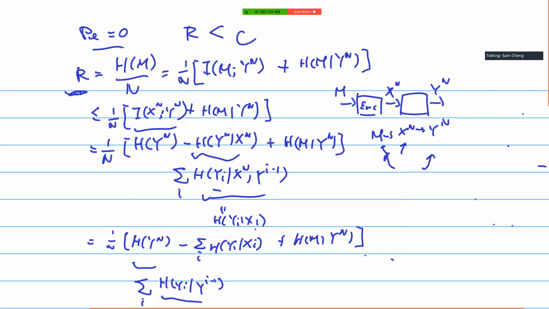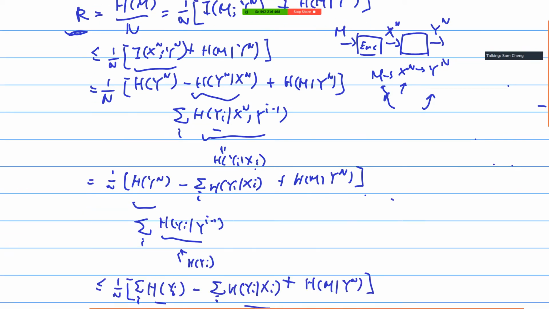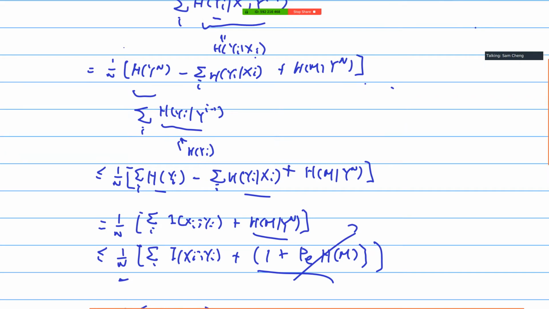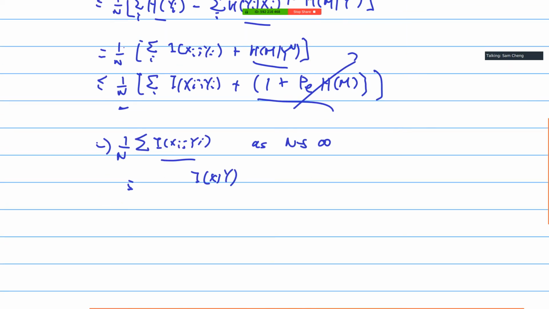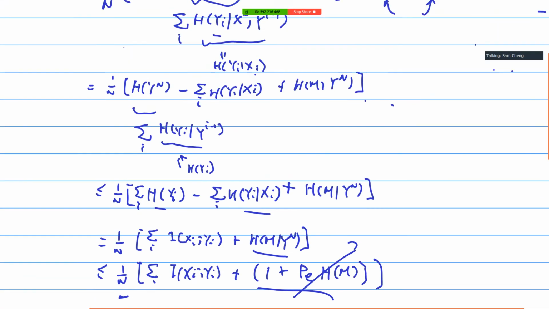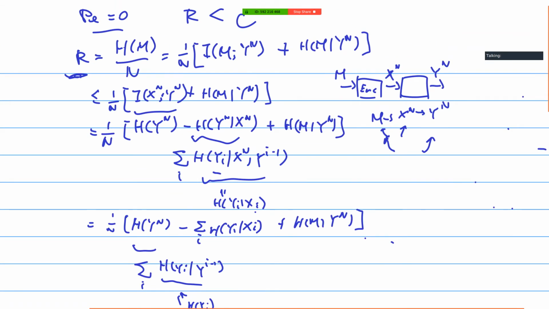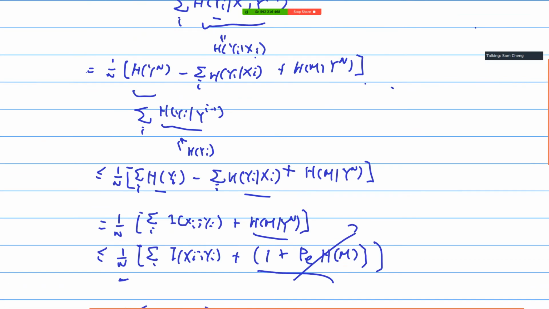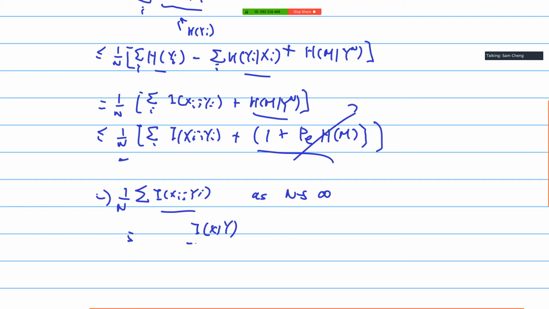So as PE is going to be 0, we have R less than or equal to I(X;Y). And of course I(X;Y) is less than or equal to the capacity, because capacity is just equal to the maximum of I(X;Y) over the input distribution.